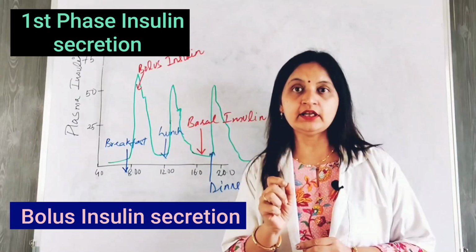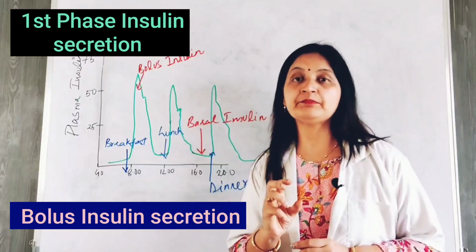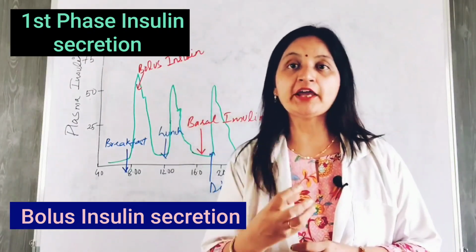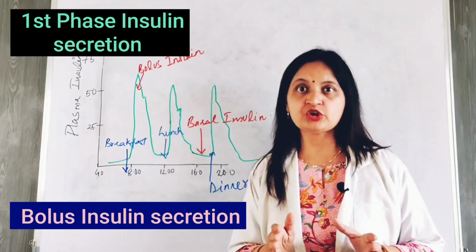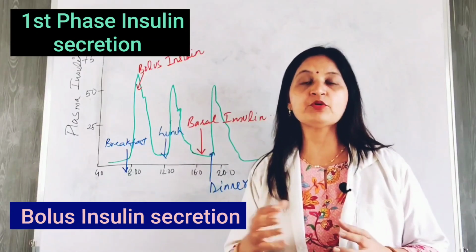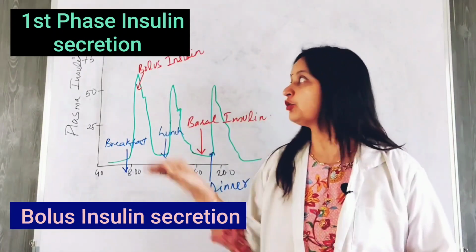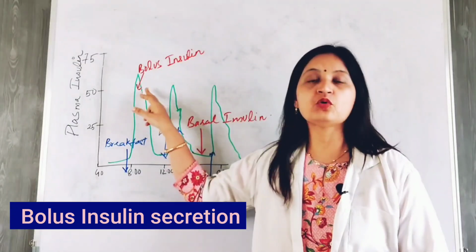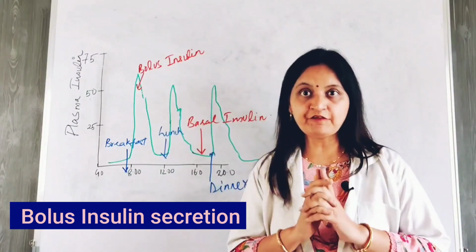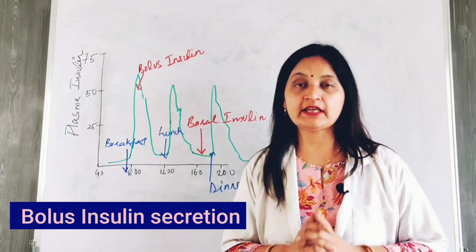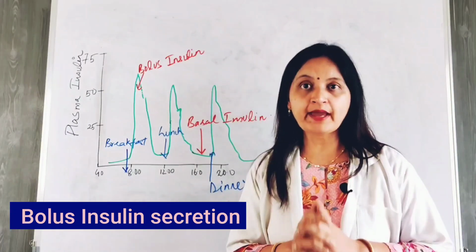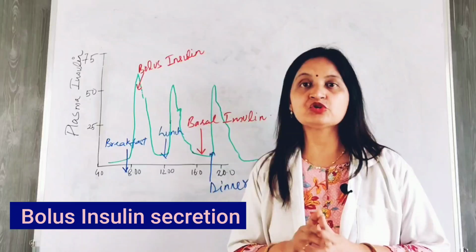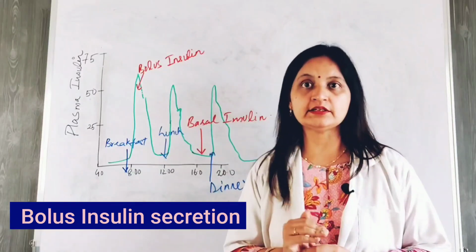This insulin, stored in the beta cells, is released in high doses, and this promotes utilization of glucose by the muscle and adipose tissue and helps to control the spike in the blood glucose level. So this is the first phase of insulin secretion, where the insulin is secreted in high doses and it helps to lower the glucose surge.